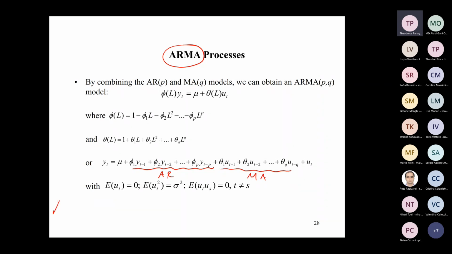I'm going to write here the simplest case, which is the ARMA 1-1. ARMA 1-1 means that this model has one autoregressive component and one moving average component.